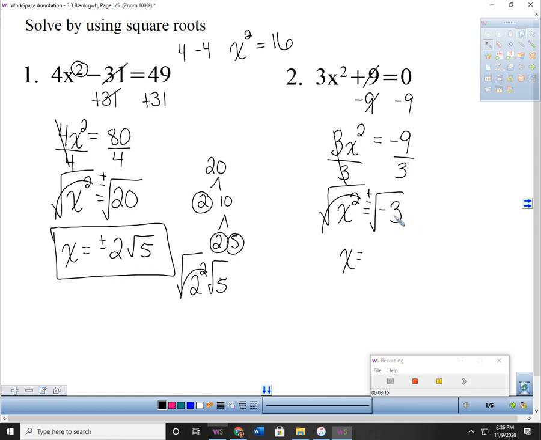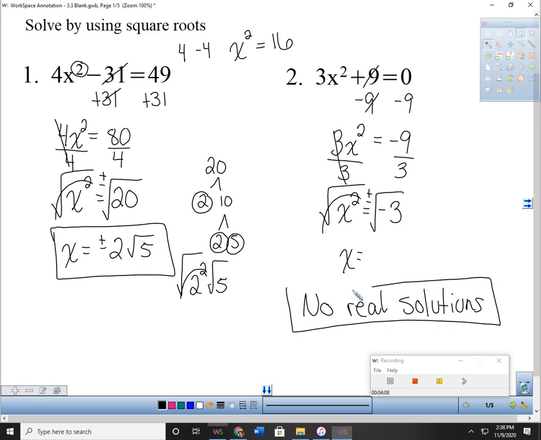Why not? Nothing multiplied by itself ever comes out to be negative. It's always positive, correct? And you're going to find out in the next lesson we do have an answer for this, but for now we have no real solutions. You cannot say no solution because there is a solution, it's just not real. It's imaginary.